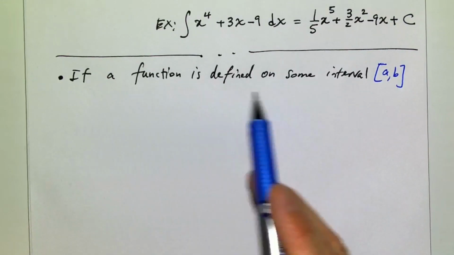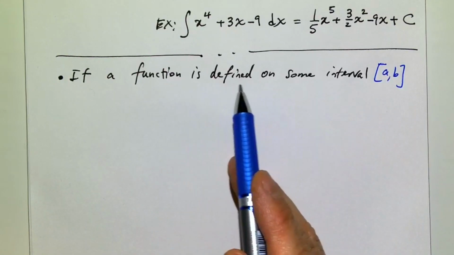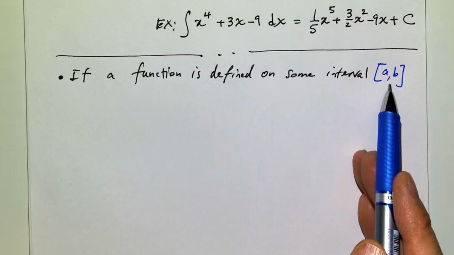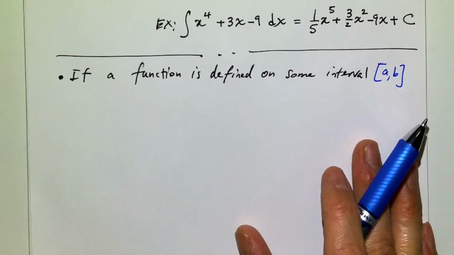So if a function is defined on some interval a, b, that means when we say defined, we mean the function is continuous on this interval, so it's defined everywhere.